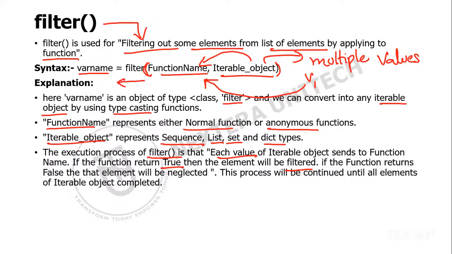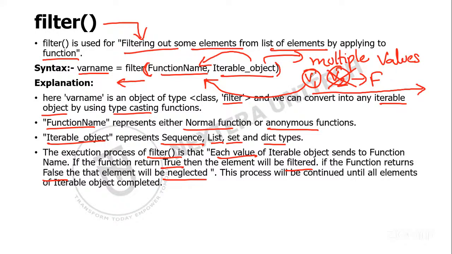What if the function returns false? The element will be neglected. If the function returns true, it filters. If it returns false for the value or element, it will be neglected, ignored. And this process continues for all the elements of the iterable object.